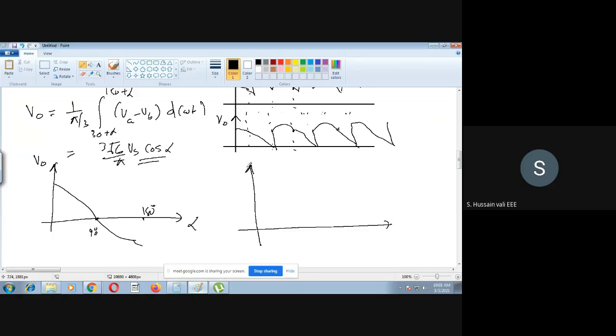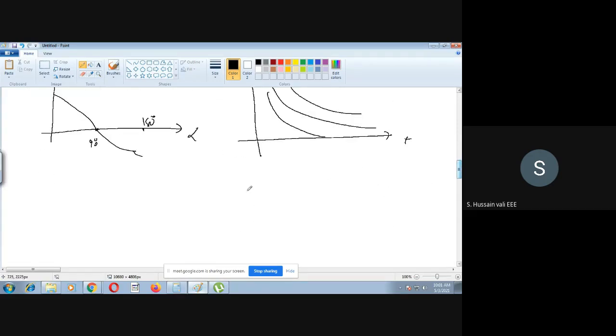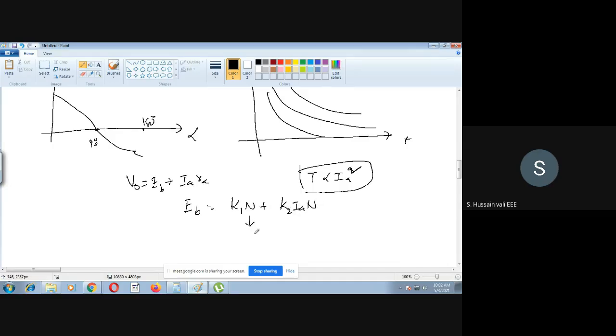Yeah, what about the speed torque characteristics? Once again, I told you this is a DC series motor. Whatever the derivation, you must get it like this. Okay. Because the derivation you will do here. Once again, V naught is equal to EB plus Ia Ra. You have one relationship, torque is proportional to Ia square. This is one relationship you will find out. Now, in case of EB, you have K1 N plus K2 Ia N. This is because of the residual magnetism.